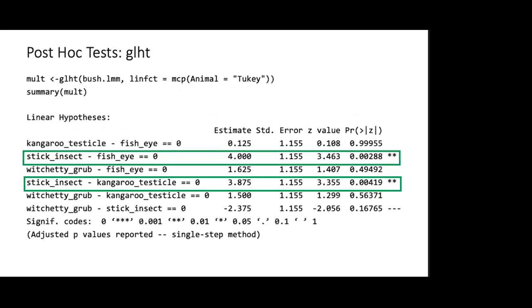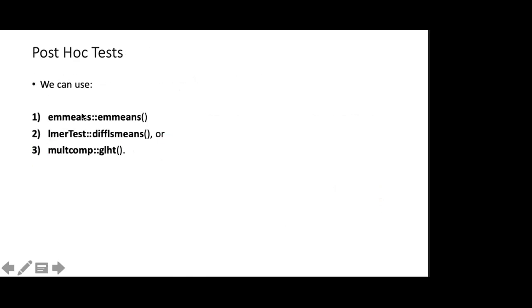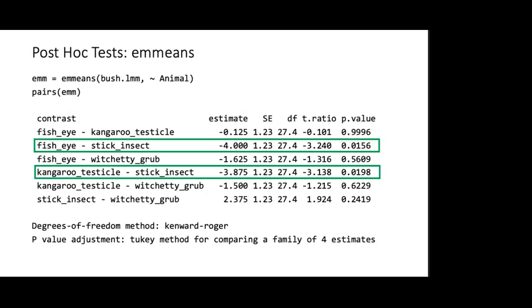You can also use, as I said earlier, the glht function, which in many cases is probably the best compromise, although emmeans is also great. Actually, I use it quite a lot. If you're familiar with the syntax already, then you may want to use that.